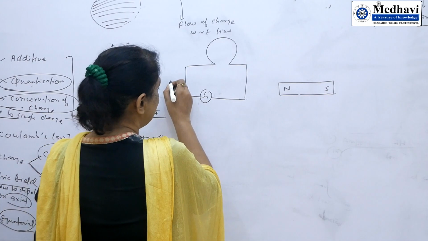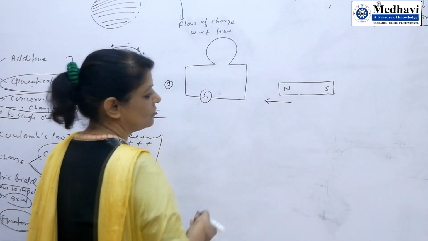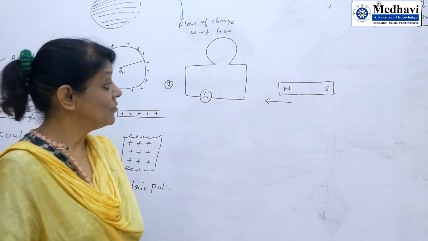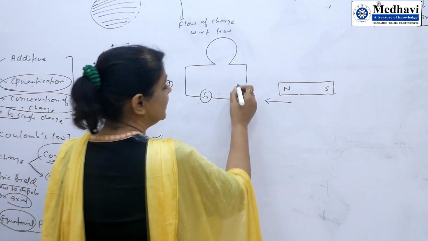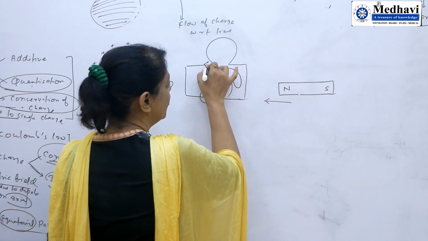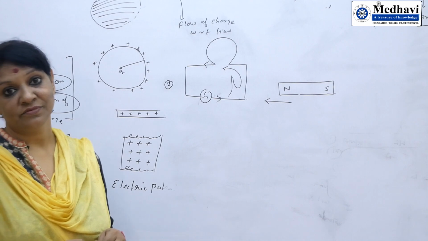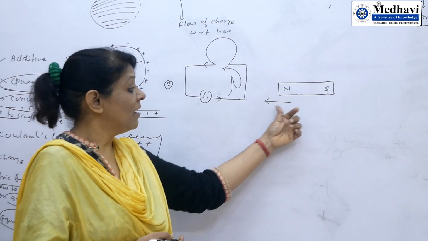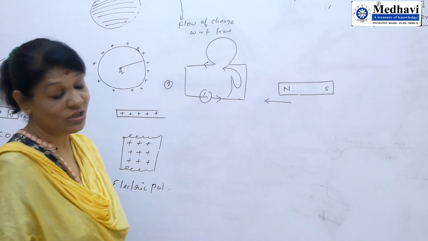In the second experiment, he started to move the bar magnet towards the coil, and he observed that as the bar magnet was moving, current started to flow in the anti-clockwise direction. Very important information: when the bar magnet moves away, current flows in the opposite direction.